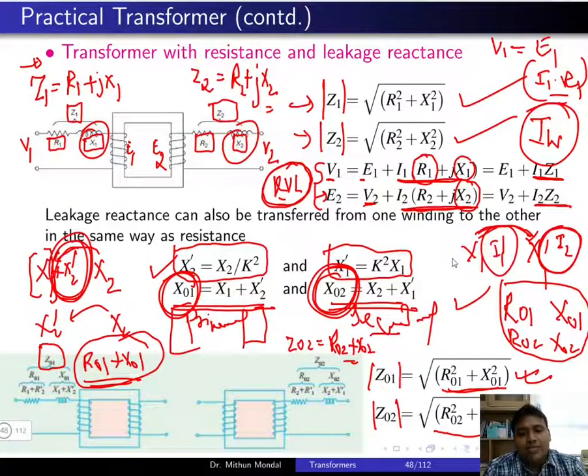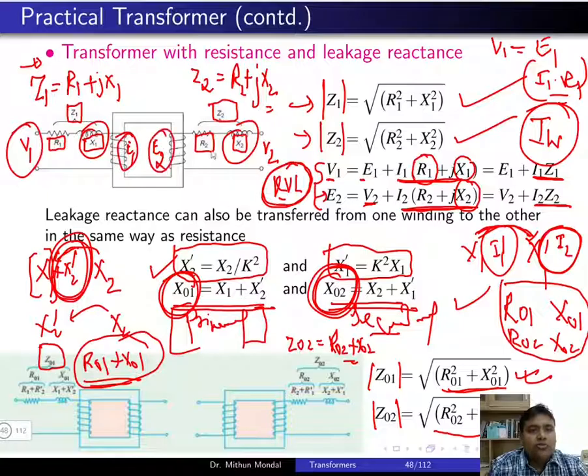Then we discussed how to add the resistance on the primary side and secondary side, and what happens due to the addition of the resistance. You will not get a voltage V1 equal to E1, and E2 and V2 will be different due to the drop on the primary side and the secondary side.